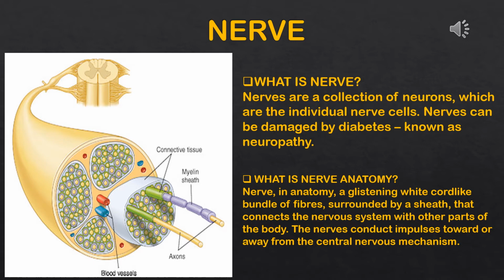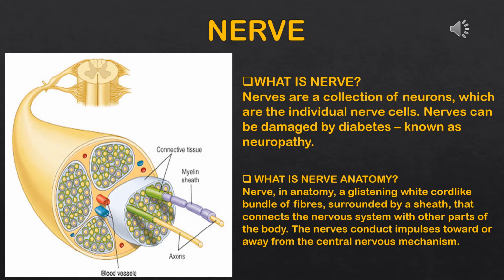Now see the diagram properly. The anatomy of one nerve only has been shown over here. Okay. So see, connective tissues are there, myelin sheath is there. That means, you know, myelin sheath is a part of the neuron, and the neuron is part of the nerve. So that's why myelin sheath has been shown over here.